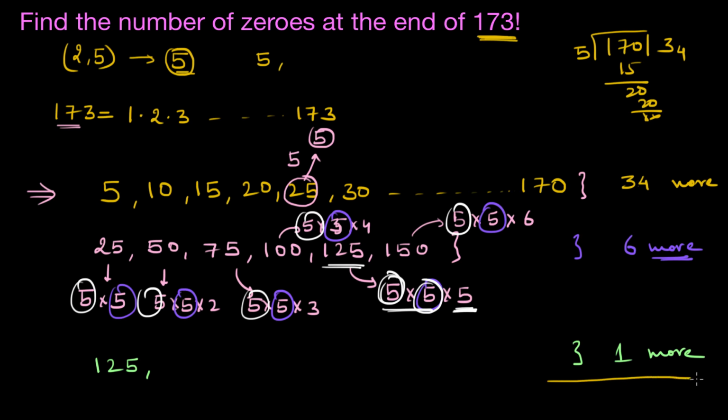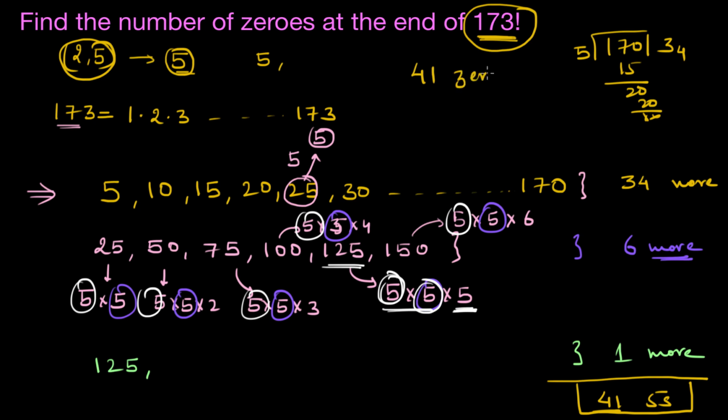So altogether, 34 plus 6 is 40, 40 plus 1, 41 5s I'll have in this 173 factorial, and the number of 2s will obviously be much greater than 41. So I can say that the number of pairs of 2 and 5 will be 41. So this number will have 41 zeros at the end of whatever this product will be.